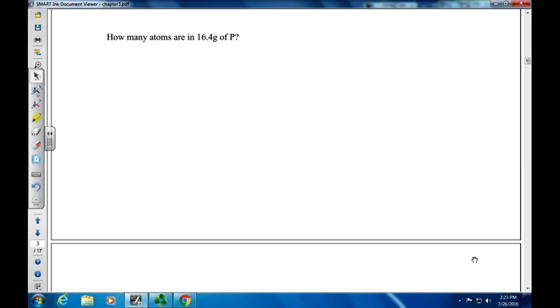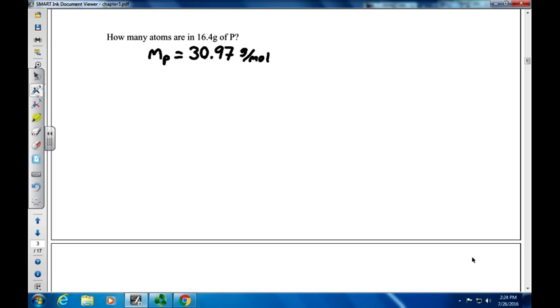So the molar mass of phosphorus, as given by the periodic table, is 30.97 grams per mole. That's a safe bet that you're going to need that, because in order to determine just about anything, you'll need the moles of it, because the moles allow for direct relations.